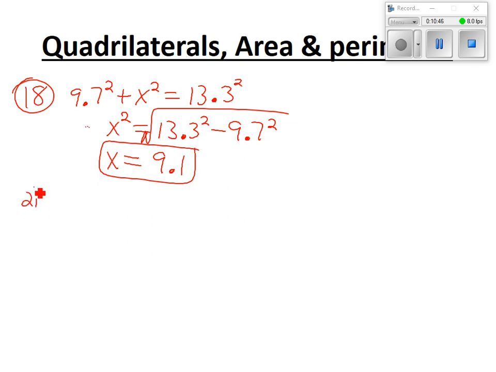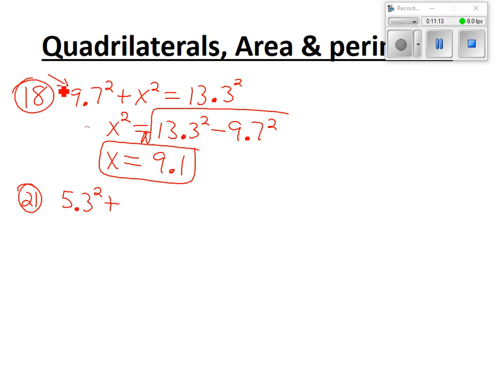21. We've got a couple minutes left. 21. Are we looking for a leg or a hypotenuse here? We're looking for a leg. So tell me how to set it up. 5.3 squared. Are you going to miss the problems if you write out this little bit every time?